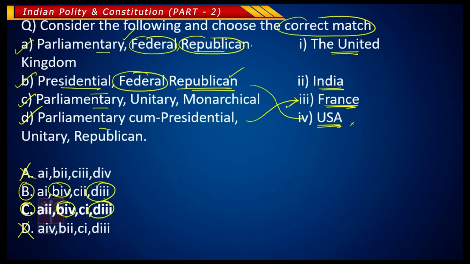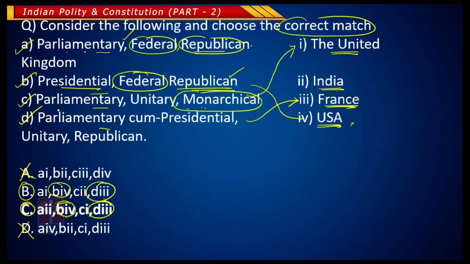Now, what we are left with is UK and India. And we have 2 options, that is parliamentary, federal, republic. If you look at India, it has a parliamentary form, federation as well as republic. India is not a monarchy. Monarchy is something UK has.